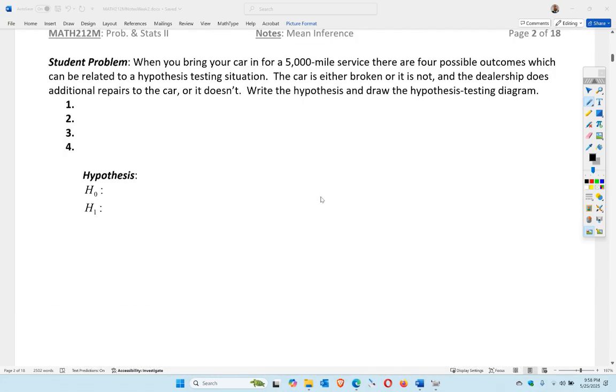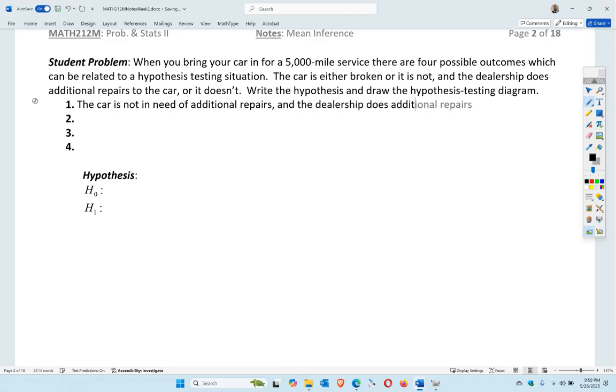Okay, so let's say you bring a car in for 5,000 mile service, to do regular service, and they may or may not find other things wrong with your car, and if they do, they may or may not fix them. The first thing that could happen is the car is not in need of additional repairs, and the dealership does additional repairs.